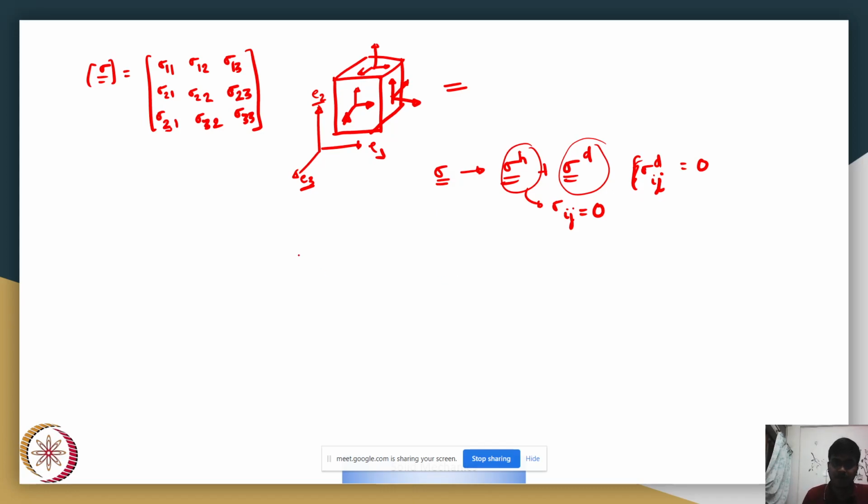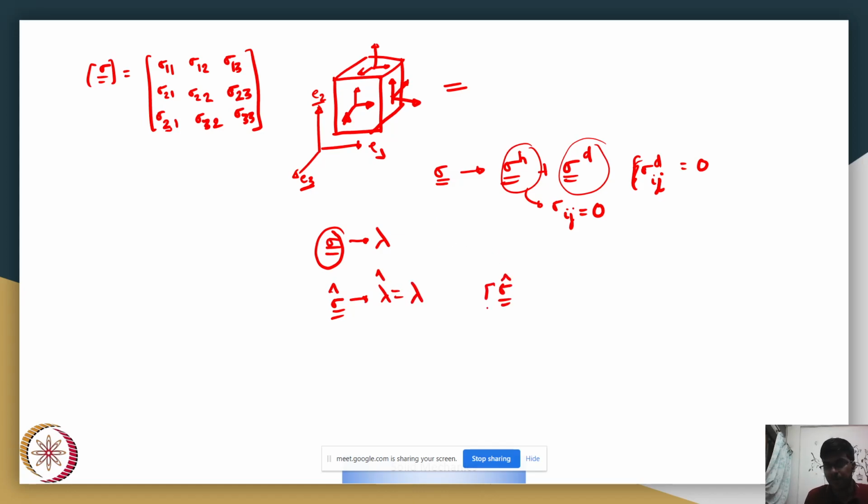When we looked at the stress invariants, we saw that if we have lambda, the principal stresses corresponding to some stress tensor sigma, then after rotation the principal stresses that you get are still unchanged.